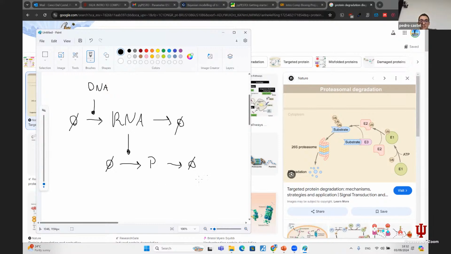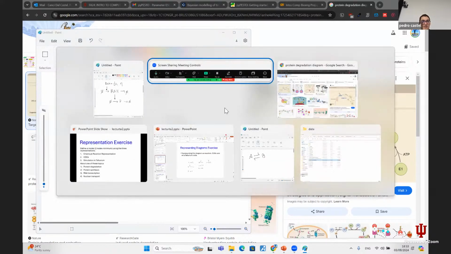It's a very simple two-node model, and DNA could be binary, 0 or 1, because it can be on or off depending on whether you have that piece of DNA activated or not. Fine. Okay, that was very good.